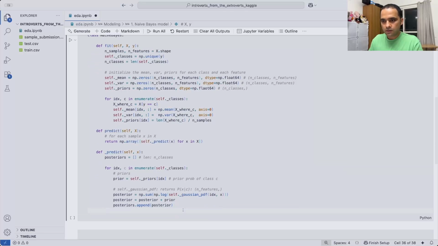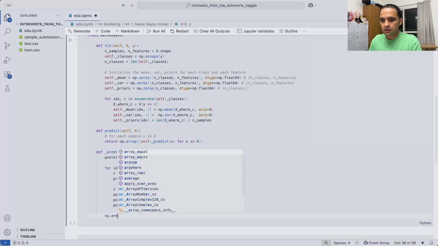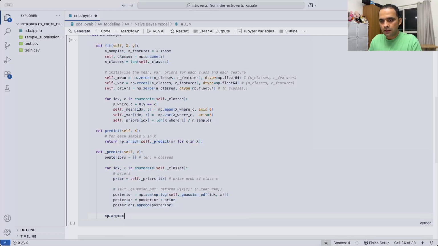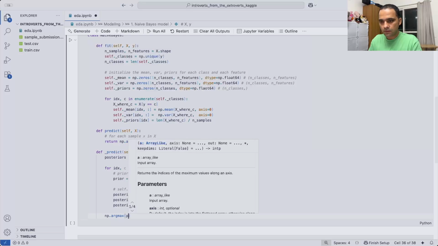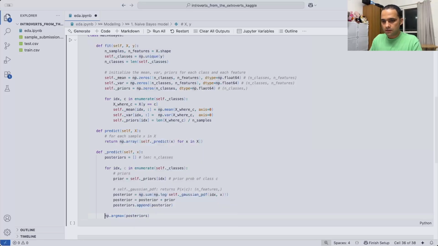Once we have done this for all of the classes, we'll need to calculate np dot argmax of posteriors. This would give us the index of the highest probability out of it.